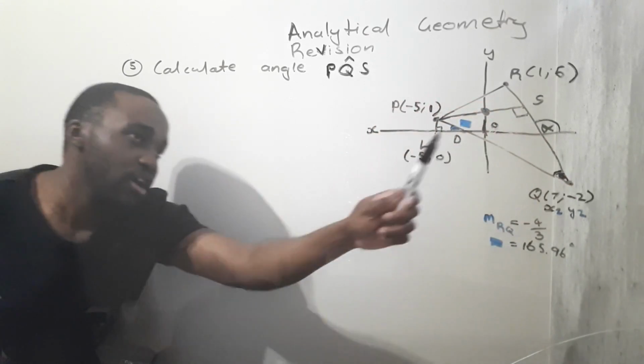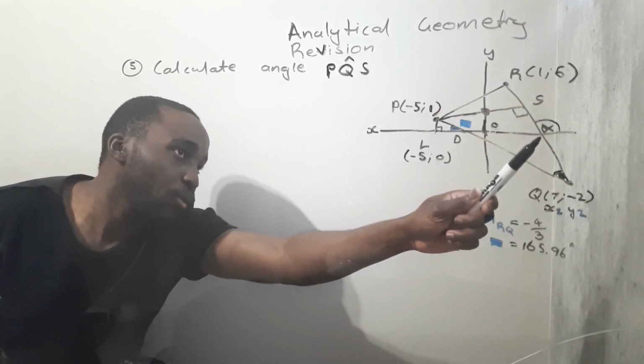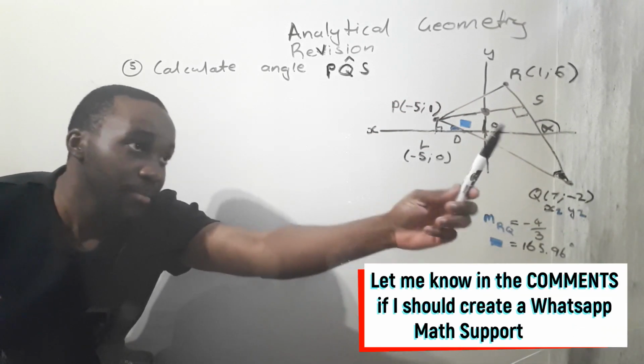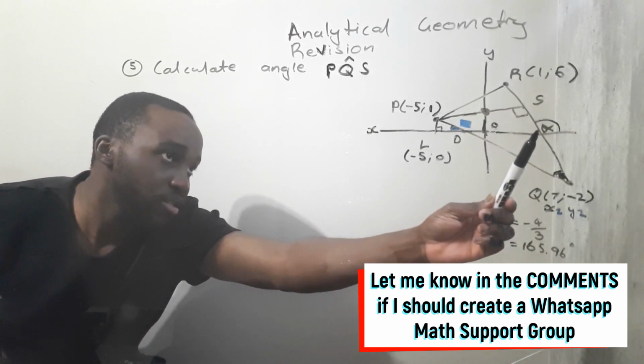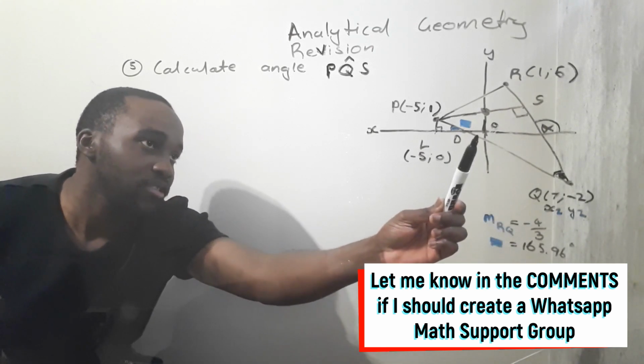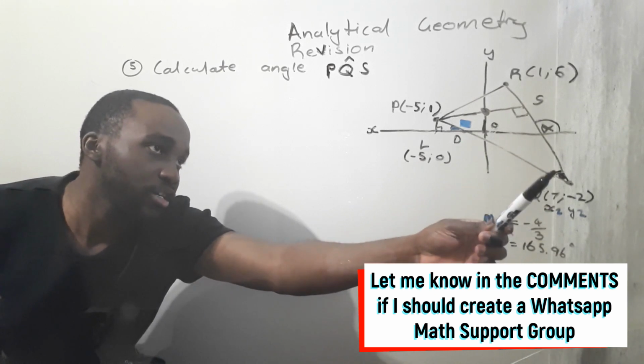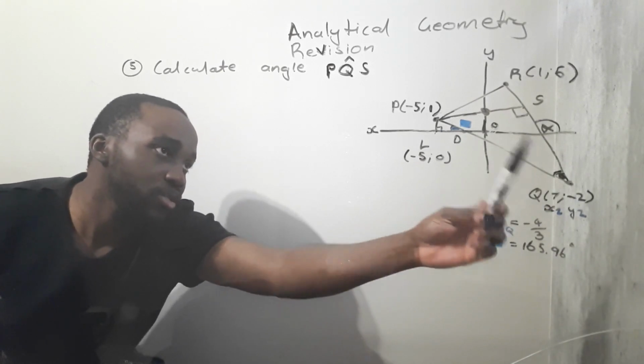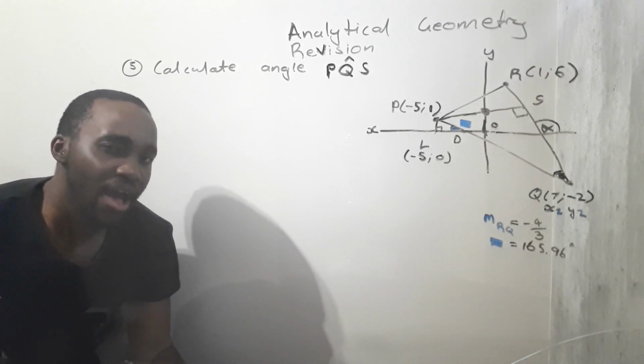Because if you check this triangle here, D, this point there does not have a name. However, you can see that with this triangle down here, if we have this angle there and we have this tiny angle there, we can easily get PQS by using interior angles of a triangle there.